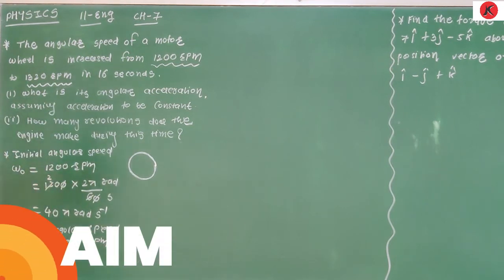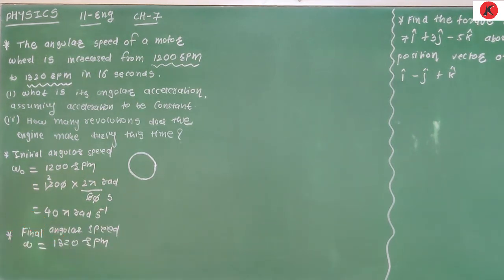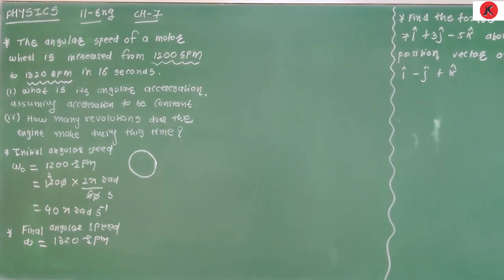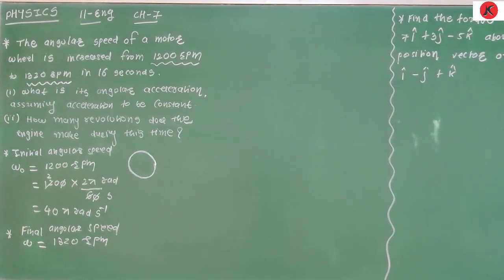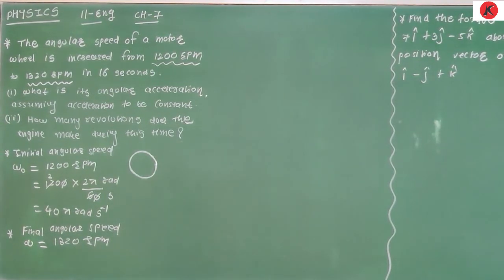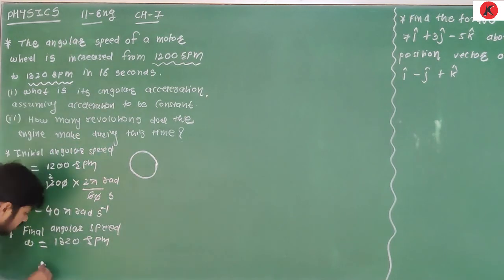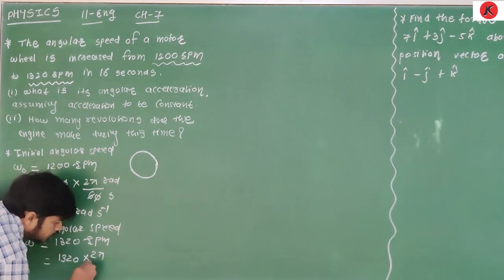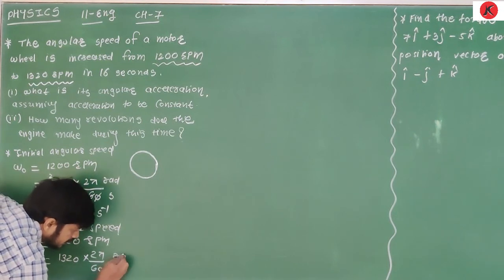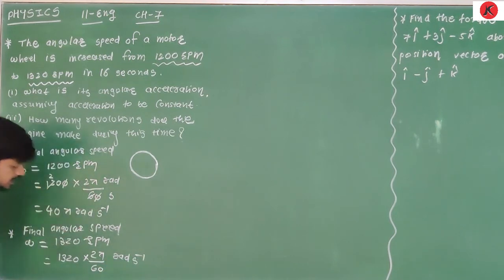Again I have to convert rpm into radian per second. So again I multiply by 2 pi by 60. So it is 1320 into 2 pi by 60 radian per second.